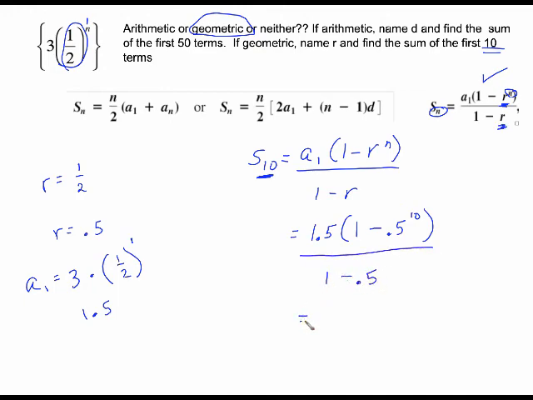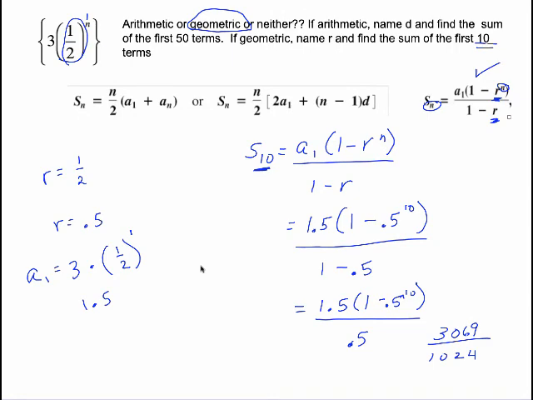The top looks just fine, 1 minus 0.5 to the 10. To avoid having to use parentheses, I would do this arithmetic: 1 minus 0.5 is 0.5. Now you can enter exactly what you see: 1.5, parentheses, 1 minus 0.5, caret 10, close your parentheses, and then divided by 0.5, and that works out to be 3069 over 1024.